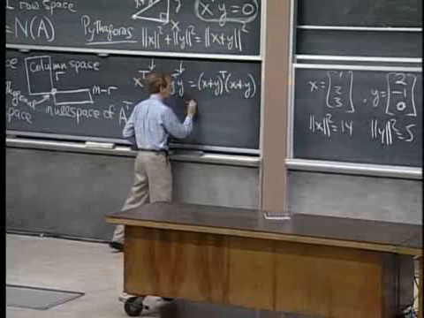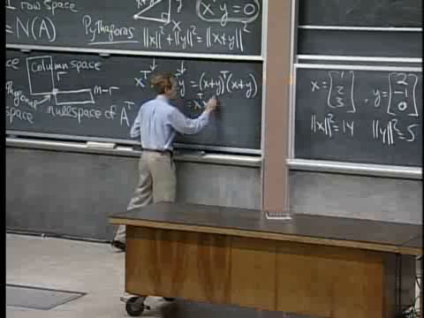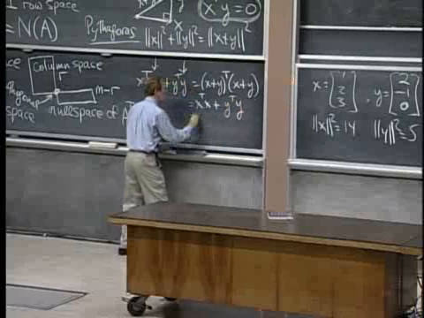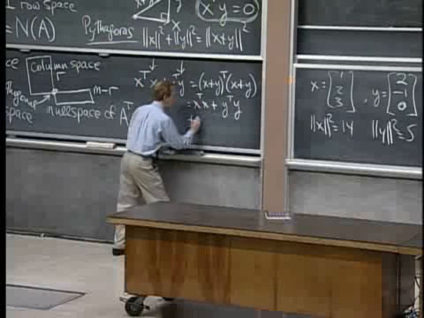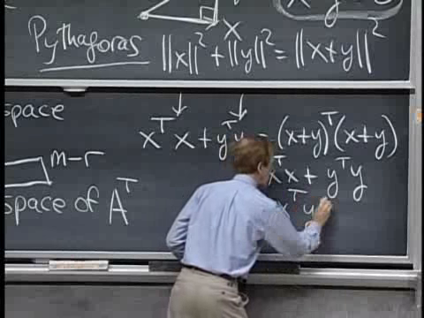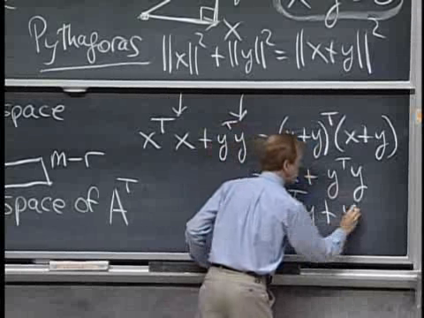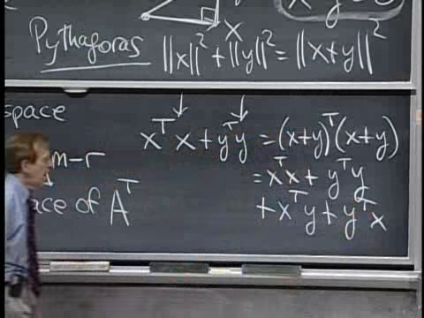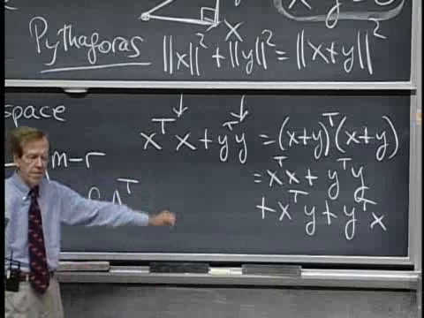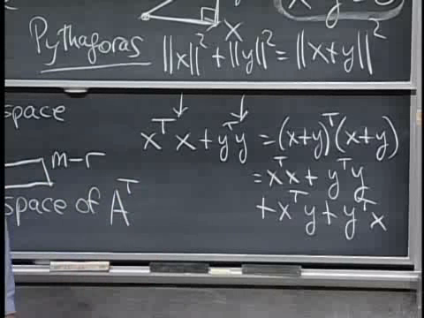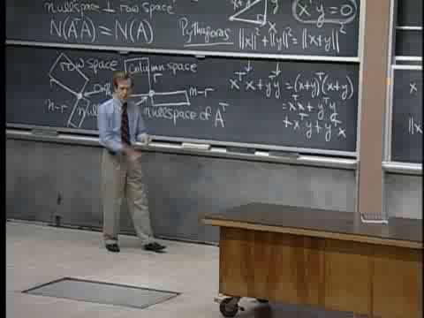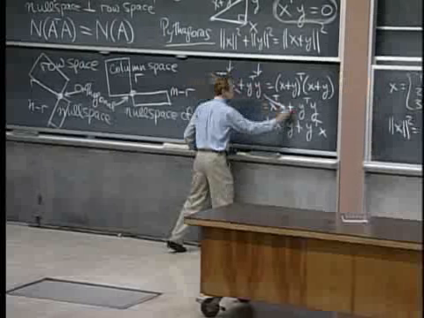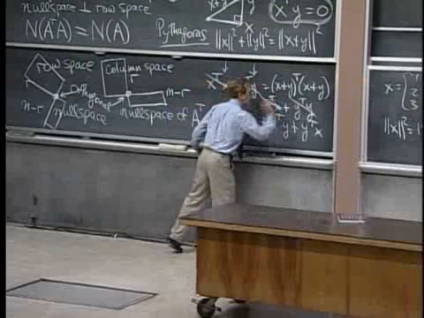There's an x transpose x there, and there's a y transpose y there, and there's an x transpose y, and there's a y transpose x. I knew I could do that simplification because I'm just doing matrix multiplication and I've just followed the rules. Okay, so x transpose x's cancel, y transpose y's cancel.